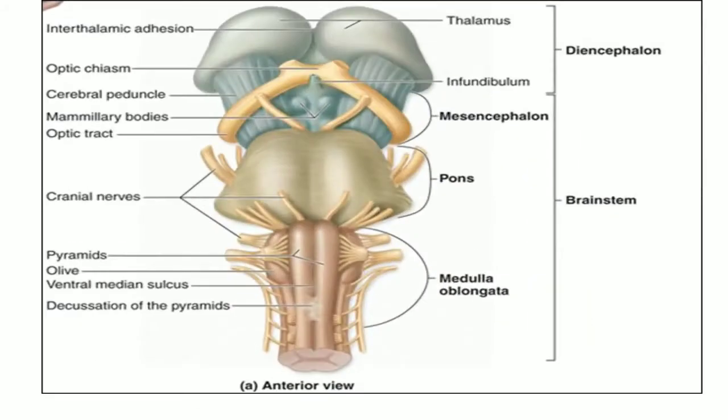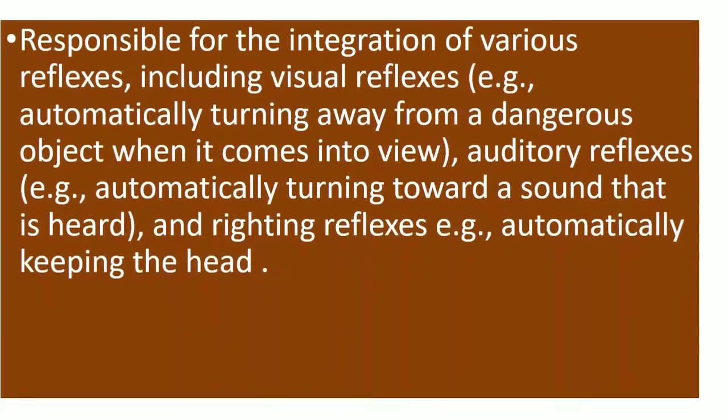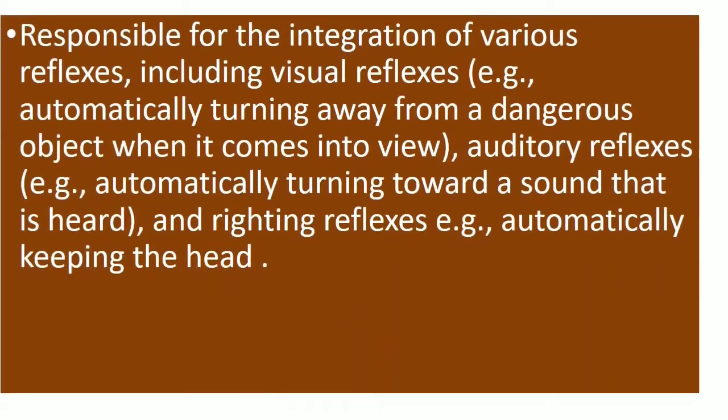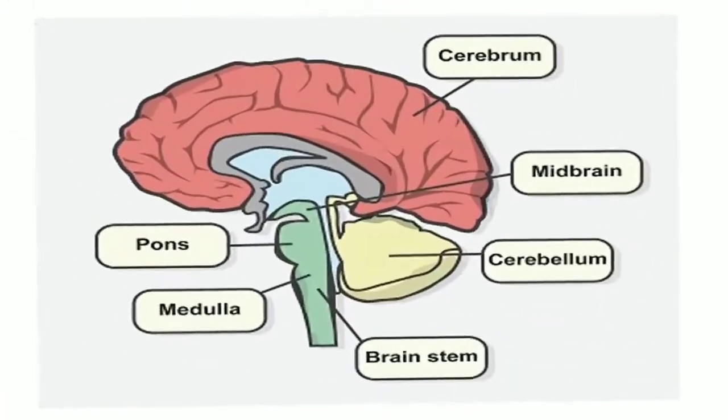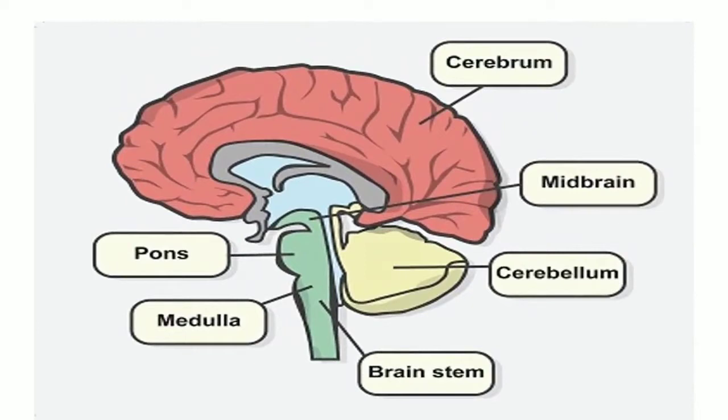Now coming to the next, the anterior view. In the anterior view, you just need it for your own knowledge. Yesterday we also talked about all these parts, and you can make the diagram in this form as well.